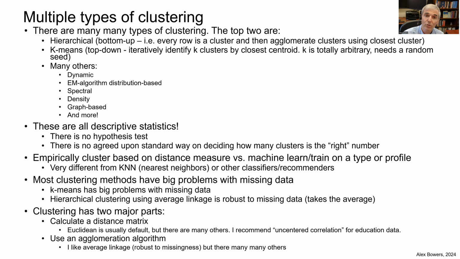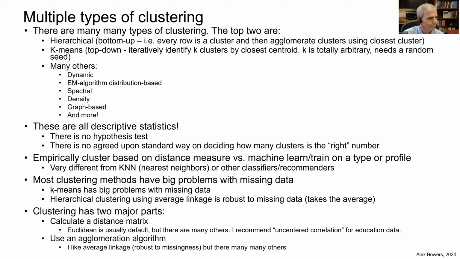So clustering has two major parts. First, you need to calculate a distance matrix. Usually Euclidean distance, the Pythagorean theorem, the shortest distance between two points, is used to start with, which is what I'll show you to begin with. But there's many others. And I'm going to show you that I recommend uncentered correlation for education data for a couple different reasons.